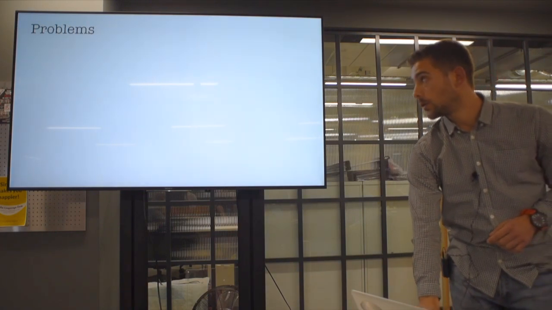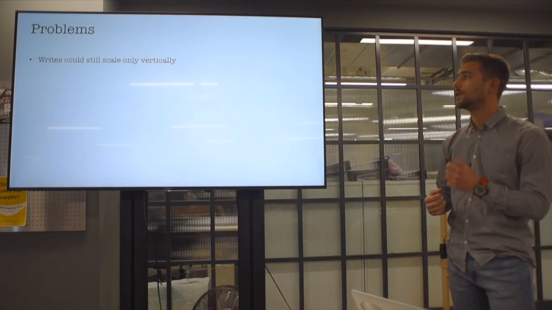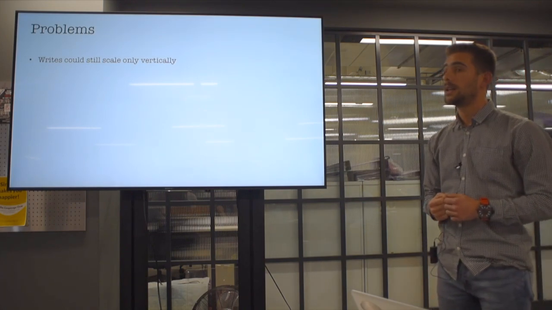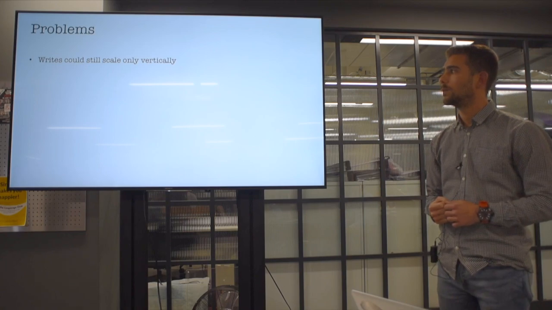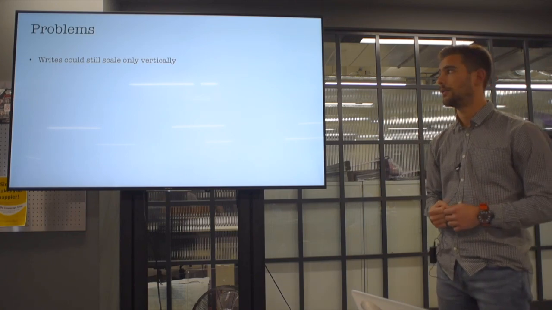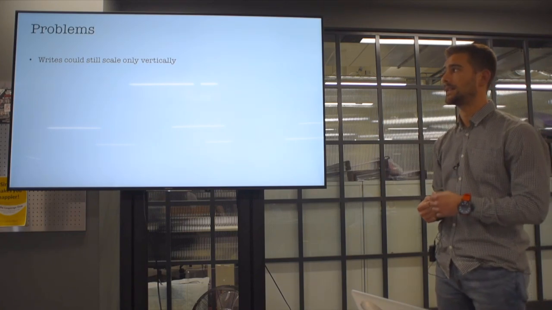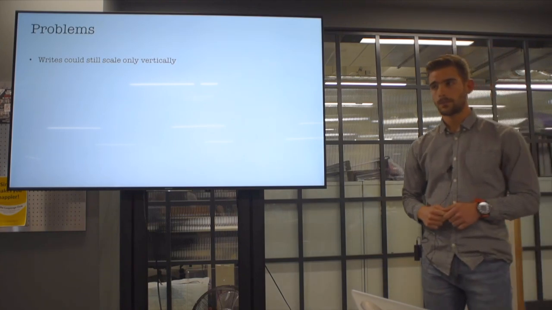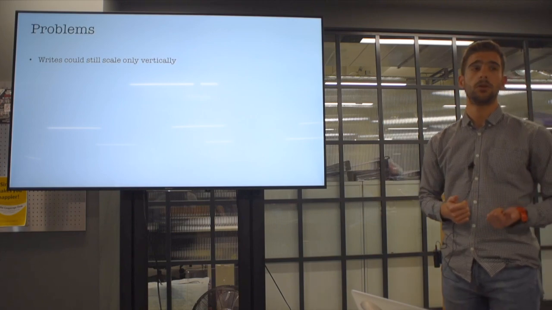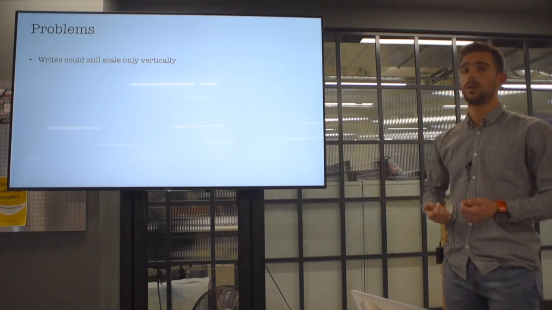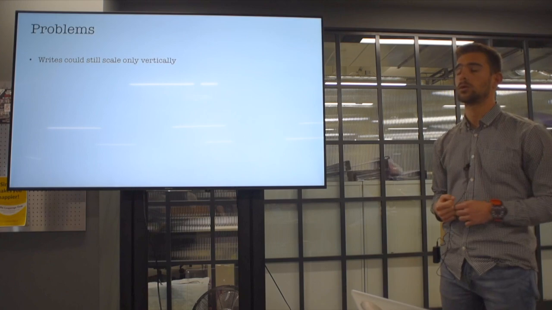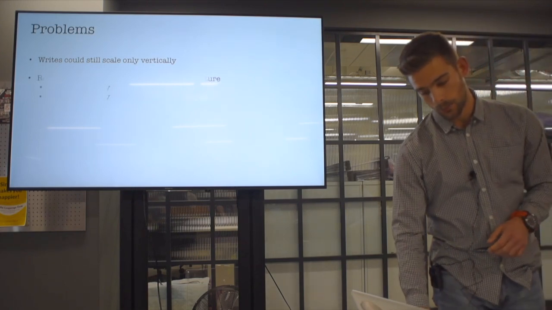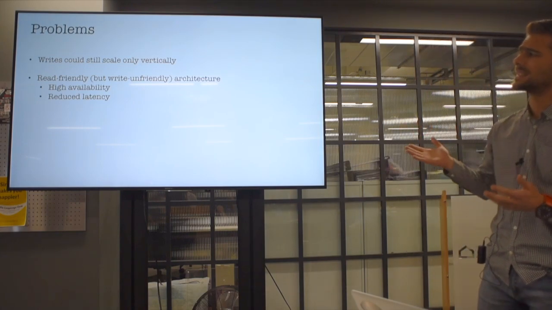And the problem with that approach was, first of all, as we previously described, they could scale reads very nicely, both in terms of latency and availability, but they couldn't do the same for writes, because they still had a single point of failure, and it wasn't highly available, and all the writes would go to a single instance, so they would get slower with time.